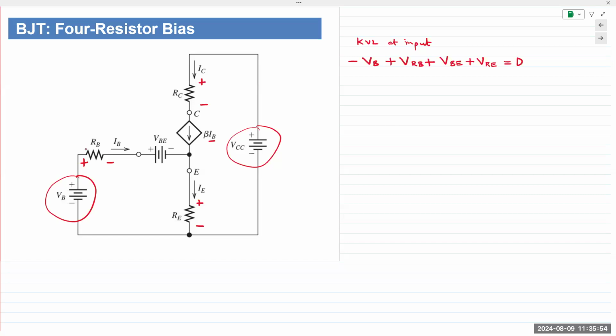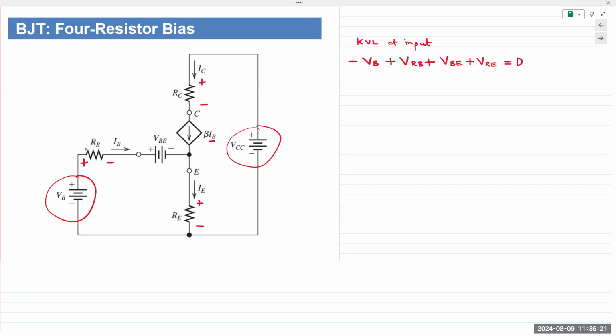This I hadn't covered. We had equations for IE, IB, and IC. The relationship between IB and IC is given by beta, right? So IC is beta times IB. IE from KCL was IB plus IC, right? The total emitter current is the base current plus the collector current.